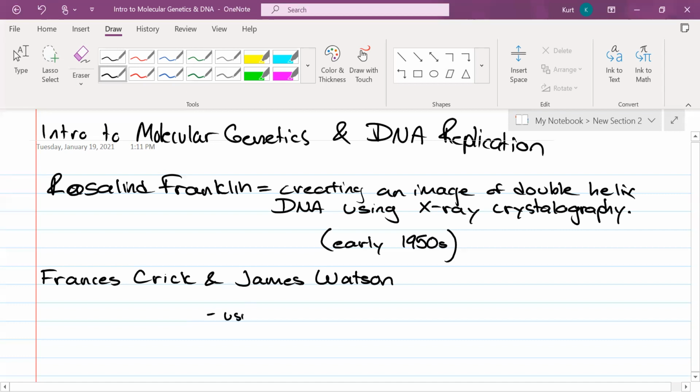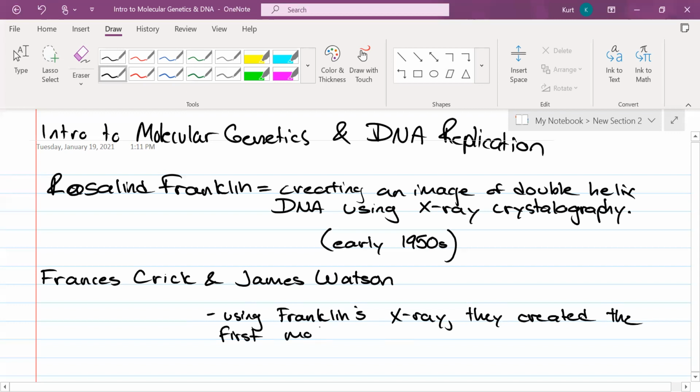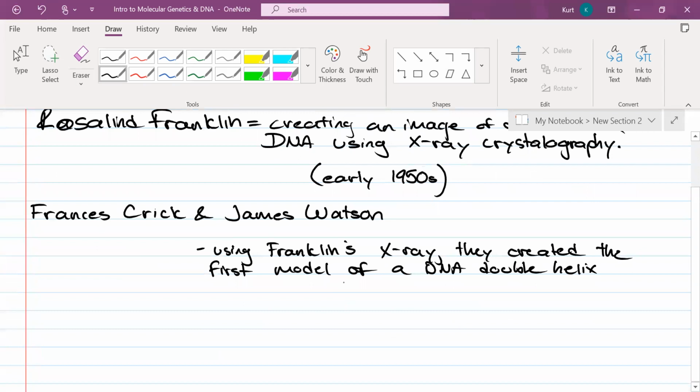So using Franklin's X-ray, they created the first model of a DNA double helix. They published their work in 1953.